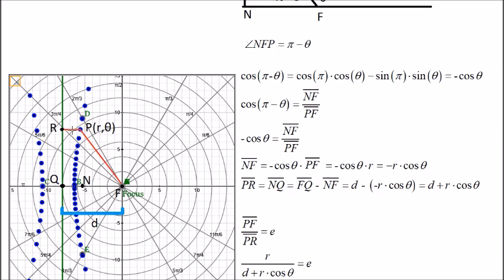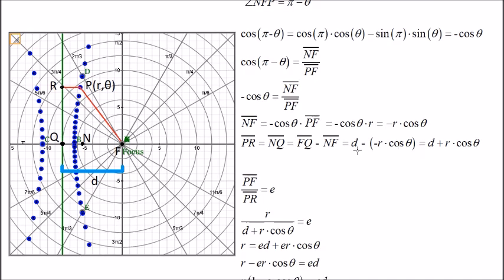The length from P to R is the same as N to Q. But this segment NQ will be FQ minus NF. From F to Q, we call it d.